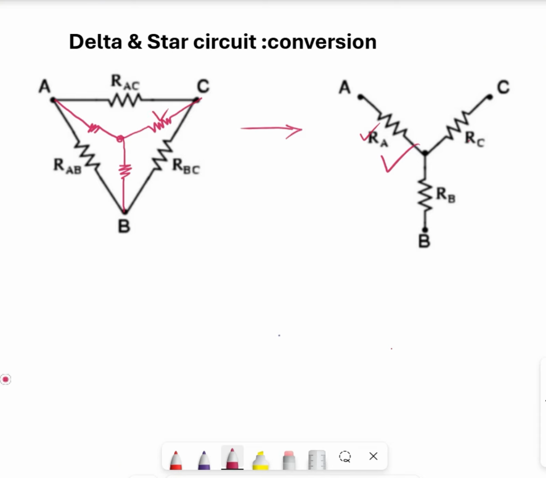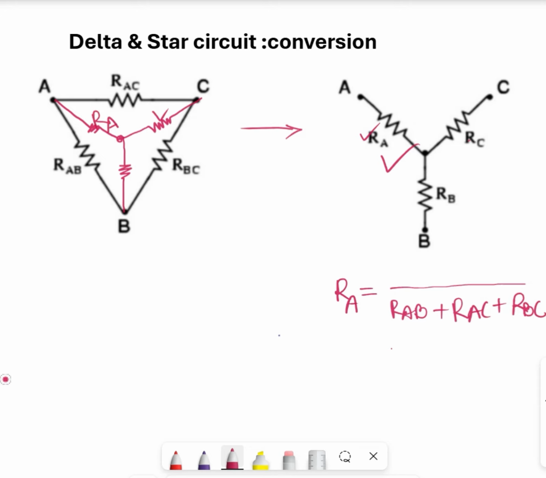So RA is equal to all three resistors, RAB plus RAC plus RBC, in the denominator, and RA is this one.